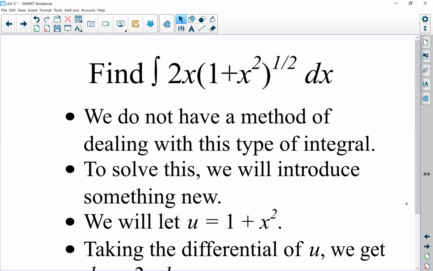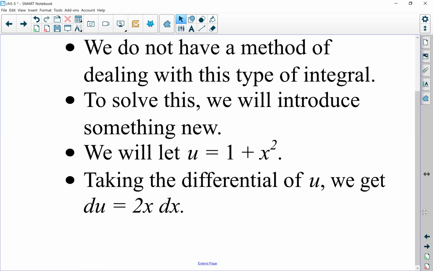We're going to let u equal the inside part of this square root, 1 plus x squared. And then we're going to take the differential, which again is just the derivative, except instead of du over dx, we get du equals, and the derivative of 1 plus x squared is 2x dx.